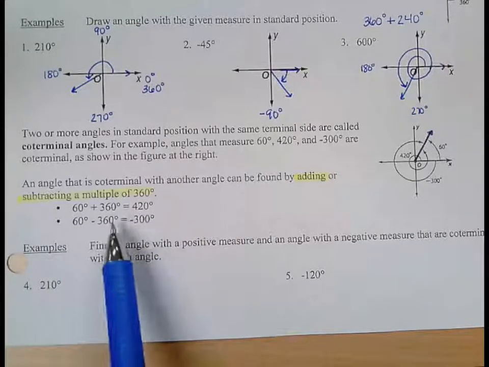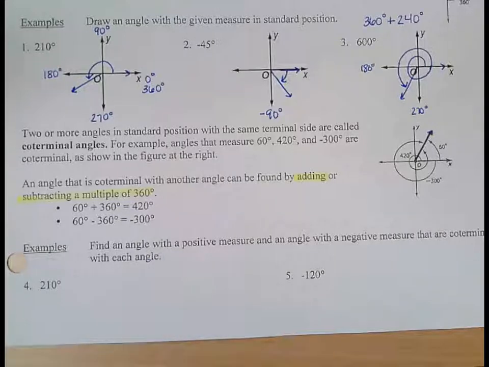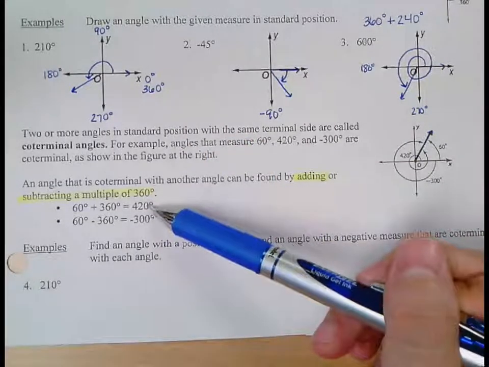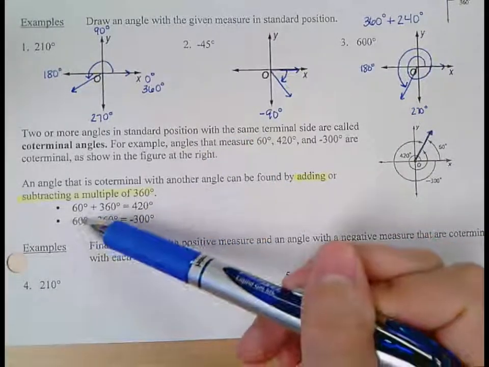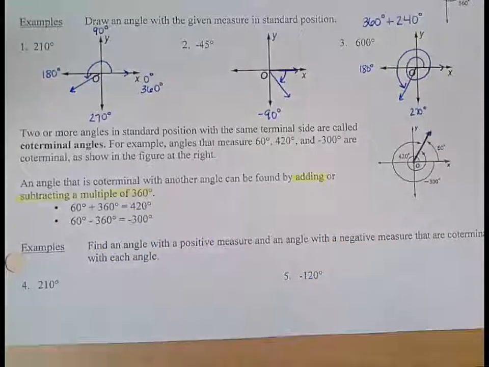And then if we subtracted 360, that would give us the negative 300. So that's how you can find them mathematically. And then obviously, too, these are not the only 2 angles that are coterminal with 60 degrees. You could continue adding 360 or subtracting 360 and have infinitely many angles that are coterminal.